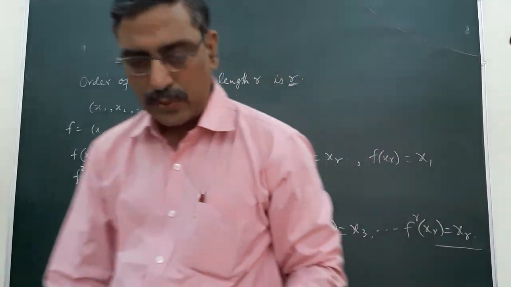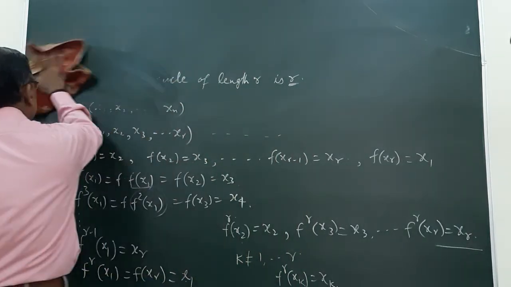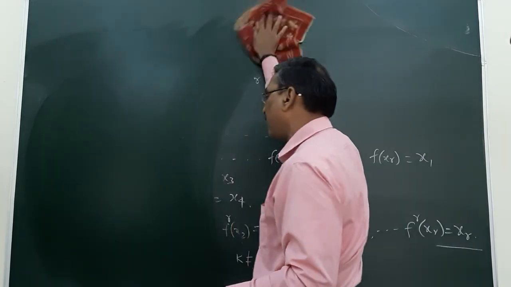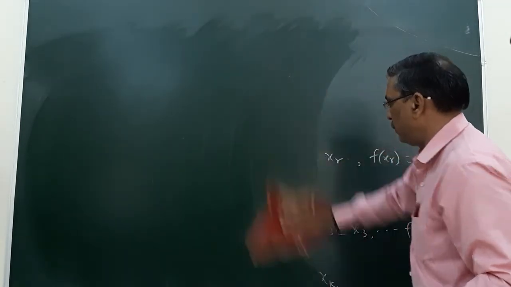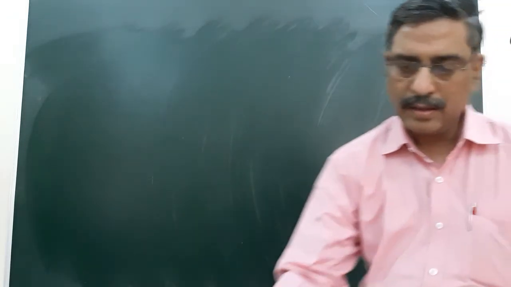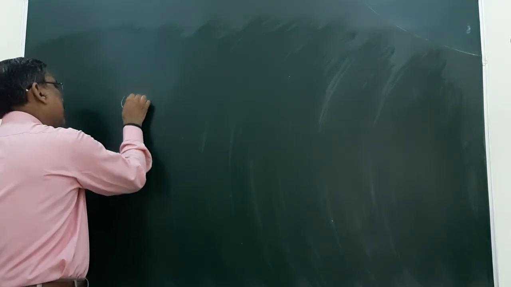This is true. Now, what is a transposition? We prove some more results. A transposition is nothing but a cycle of length 2. Say we have a cycle of length 2, say (1 2).